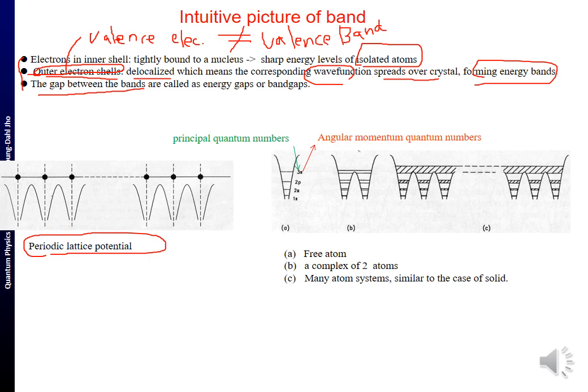The atomic position is indicated by the dot. Here the atom emits the electron, and the electron is moving around. So now the atom becomes an ion, a positively charged ion, so there's Coulomb attraction.